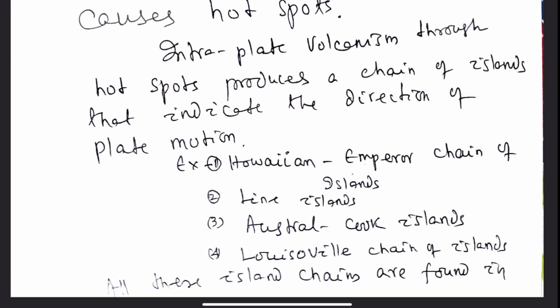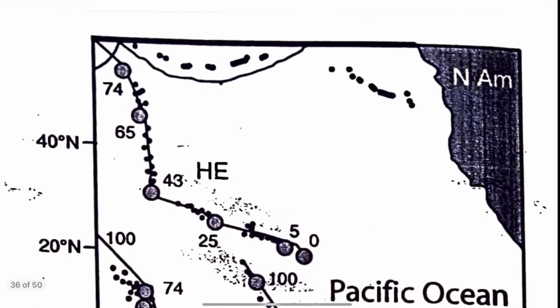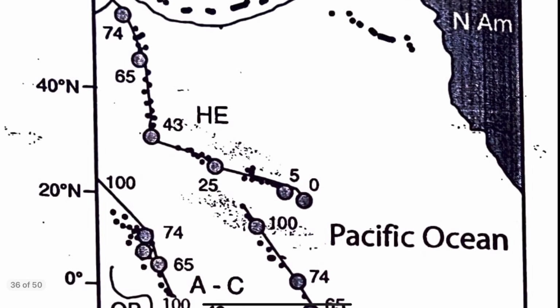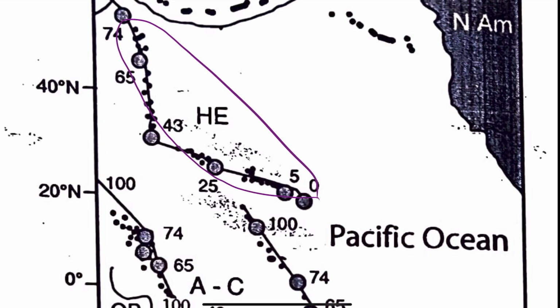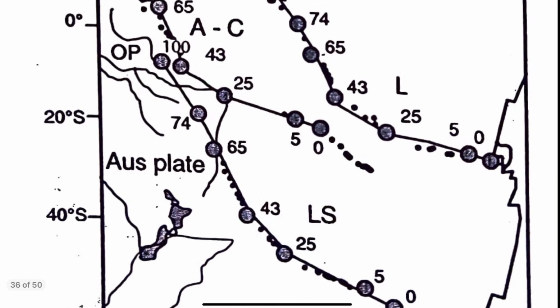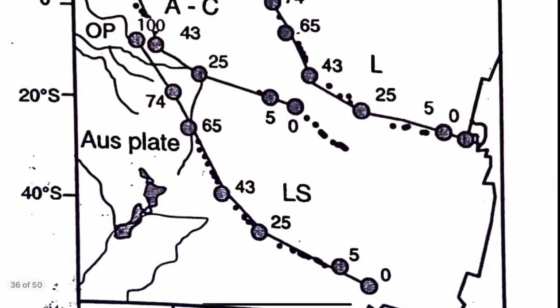And this plate motion has produced some of the major island chains such as the Hawaiian Emperor chain of islands, Line Islands, Austral Cook Islands, Louisville chain of islands. And all these island chains are found in the Pacific Ocean. So this is the Hawaiian chain. This is the Austral chain here.